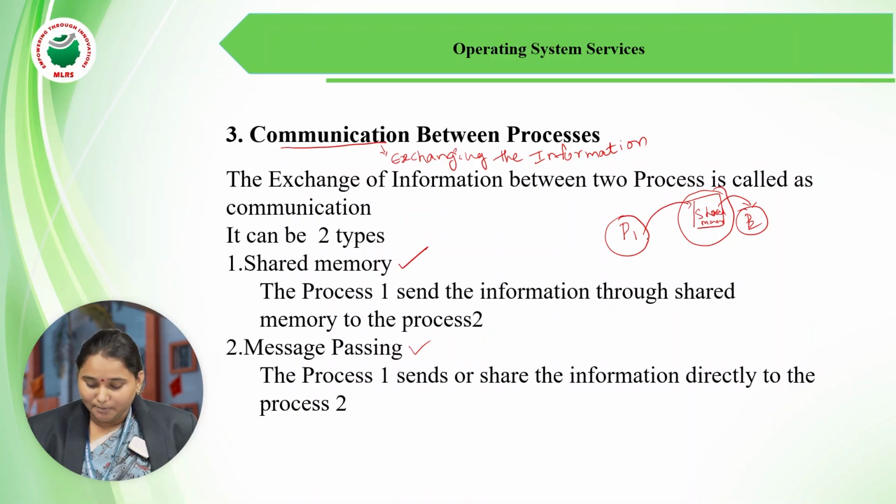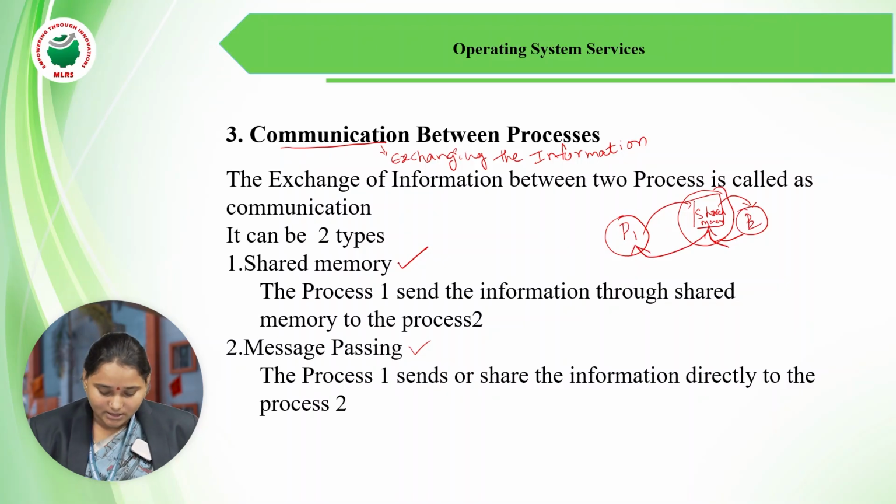Whatever message or request we send to process P2, after it gets the request from the shared memory, it sends the response to the shared memory. After that, the shared memory sends it to process P1.